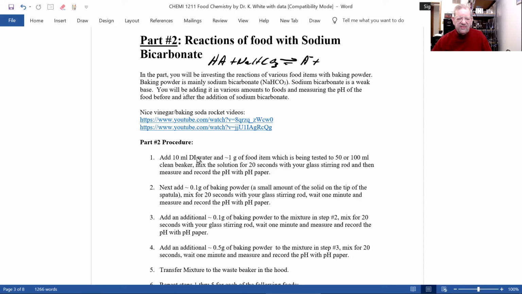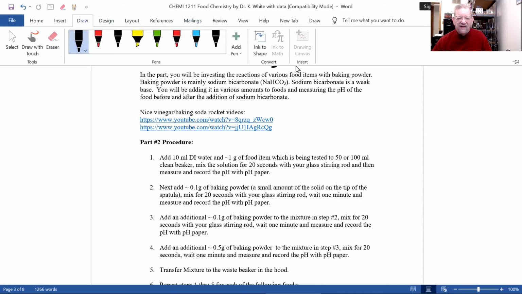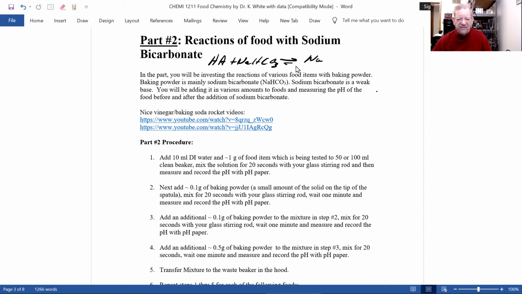You'll get a salt plus water plus carbon dioxide given off as a gas. This arrow tells you it's given off as a gas, and that breaks down.